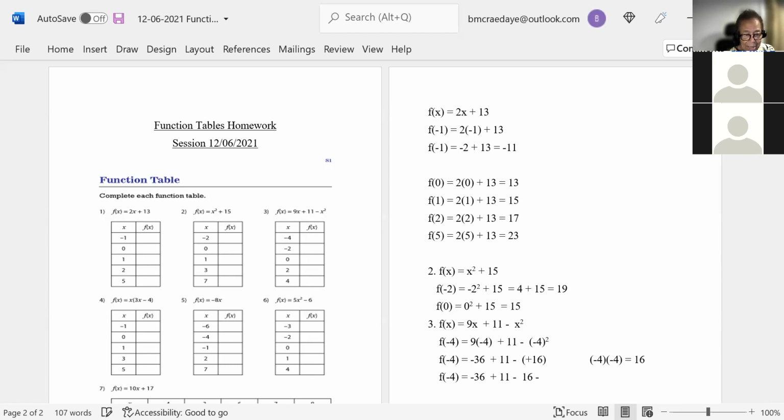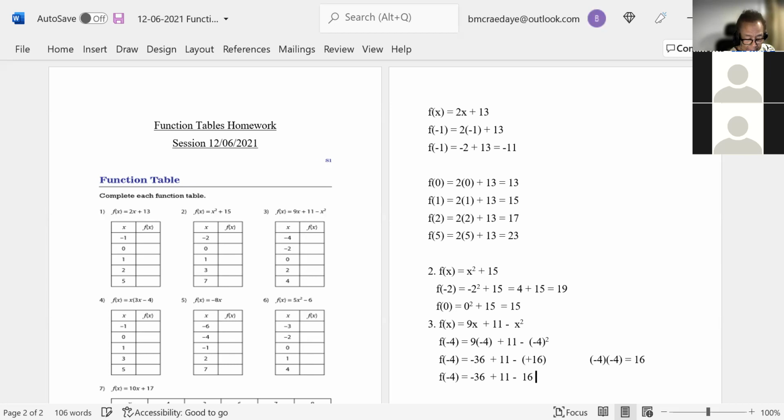It's a minus 36 and a minus 16. A minus 36 and a minus 16, you add, right?